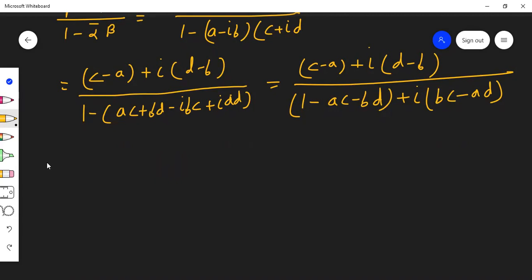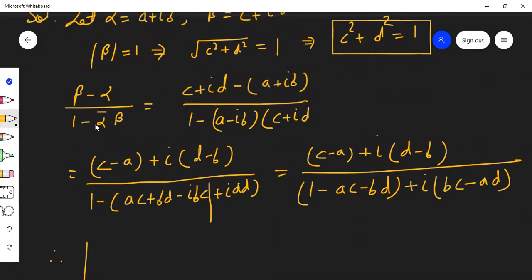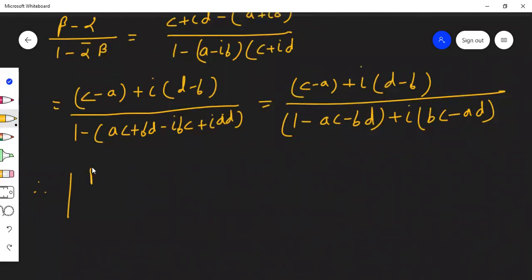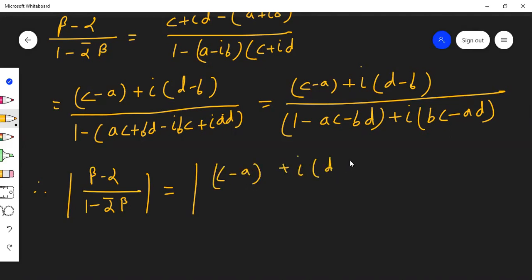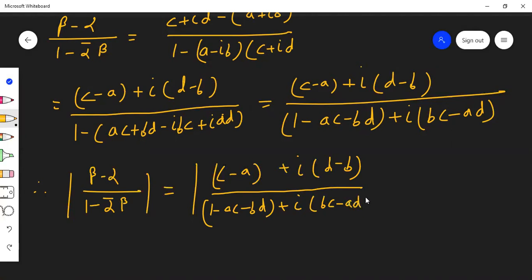We were asked, therefore, the modulus of the quantity up there, beta minus alpha by 1 minus alpha conjugate beta. So it will be the modulus of this quantity: the modulus of (c minus a) plus i (d minus b), divided by (1 minus ac minus bd) plus i times (bc minus ad). This is a simple calculation now.